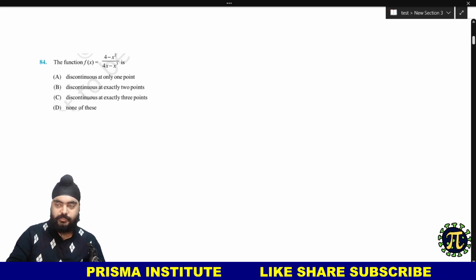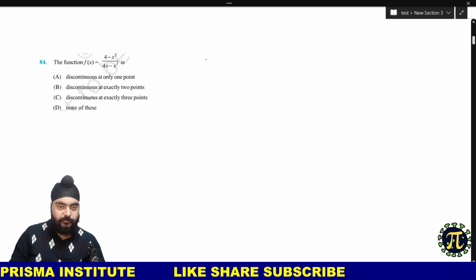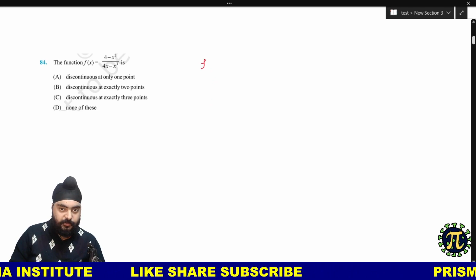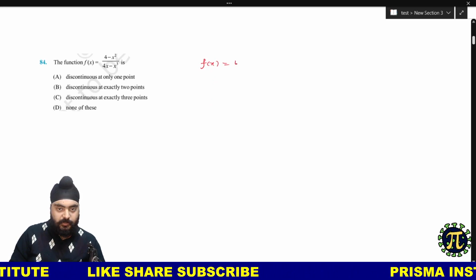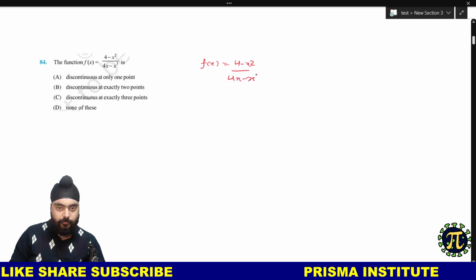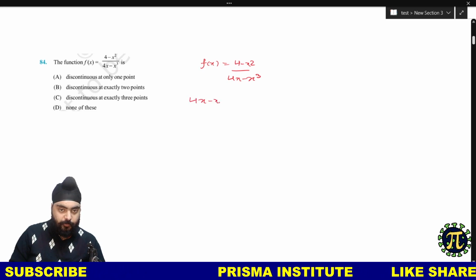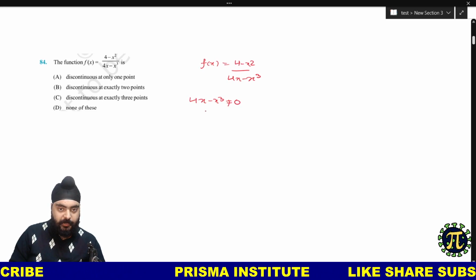So our next question says how many points of discontinuity are there for this function. So हमारा जो function है, which is 4 minus x square divided by 4x minus x cube. So here denominator must not be 0. So 4x minus x cube should not be 0. We can factorize this.